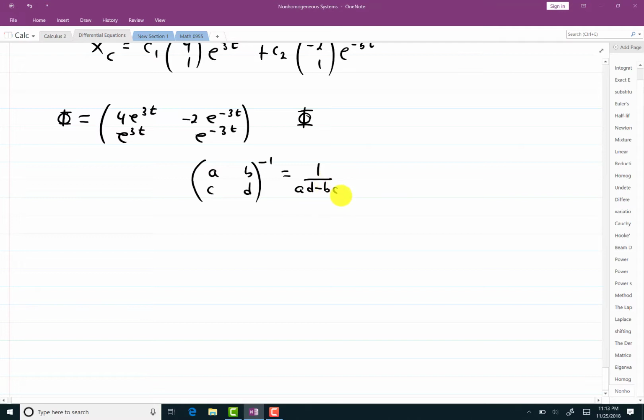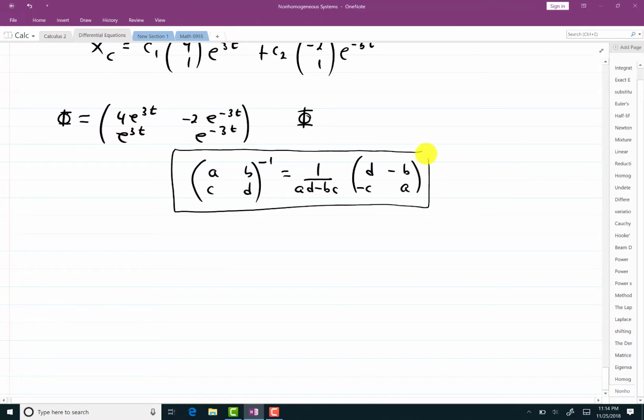This is why the determinant can't be equal to 0, because the first thing you do is divide by it. Next thing you do is you swap these diagonal terms, so the A and the D swap. And then you make negative the other two entries. So I'll just keep that so that you know what I'm doing here.